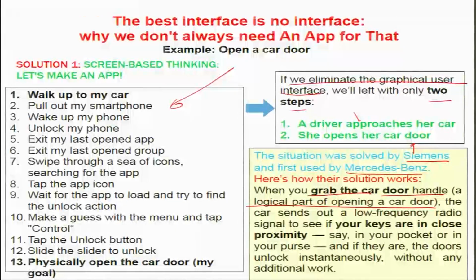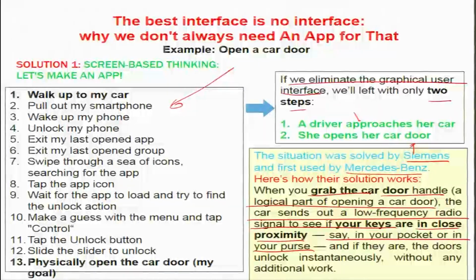the car automatically sends out a very low frequency radio signal to see if your keys are in close proximity. Your keys have that remote assistance button, a small controller which is there in your key itself. If your key is in your pocket or in your purse, if there is the existence of the key, you're carrying the key or the rightful owner, the door automatically opens.